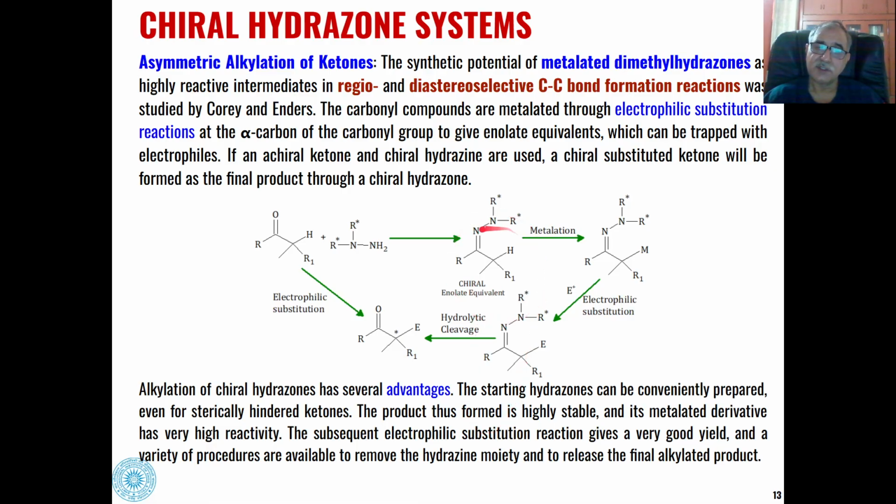And these hydrazones which are formed are highly stable, and their metal derivatives which are formed on metallation from these enolate equivalents are also highly reactive in nature, and the subsequent electrophilic substitution takes place at a very faster rate and gives a very good yield. And then the removal of this moiety is very easy, and it can be done by many methods to give us a final chiral alkylated product.